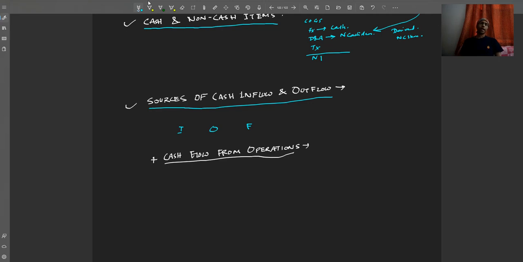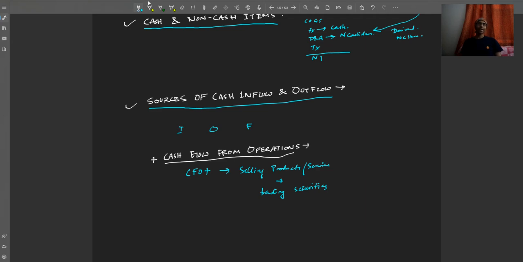These are basically cash inflows and cash outflows with regards to operating activities. Let's take a few examples of cash inflow from operations. What can they be, friends? Cash inflow from operations is basically proceeds from selling the main products or services plus trading securities. These are basically sources of cash inflow from operations.